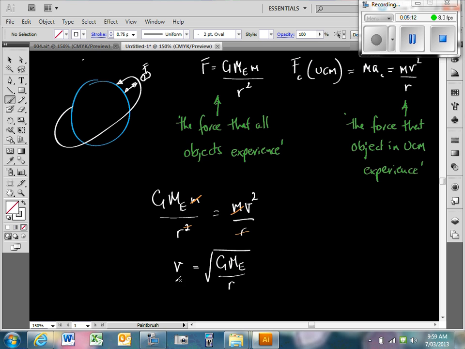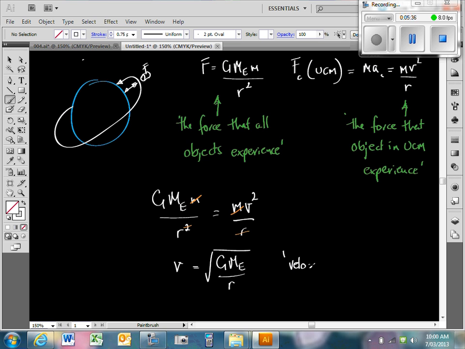So the velocity of the satellite in a circular orbit undergoing uniform circular motion is dependent upon the mass of the Earth and the radius at which they orbit. So really, if you're thinking about a satellite in Earth orbit, we're only looking at the radius at their altitude. So their velocity depends on their altitude. And I'll say that.